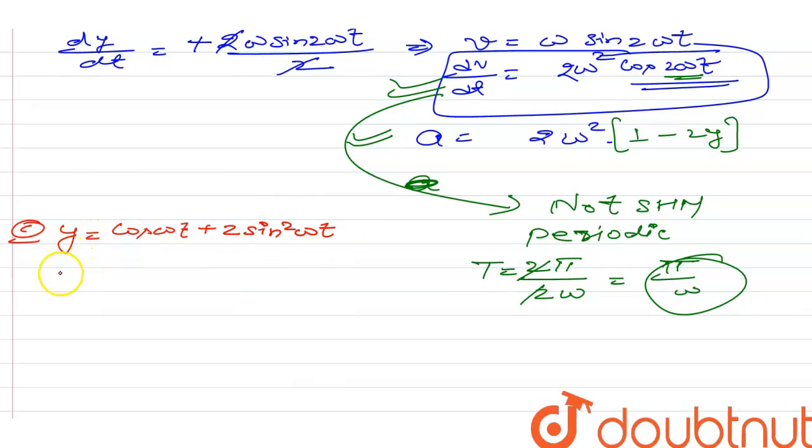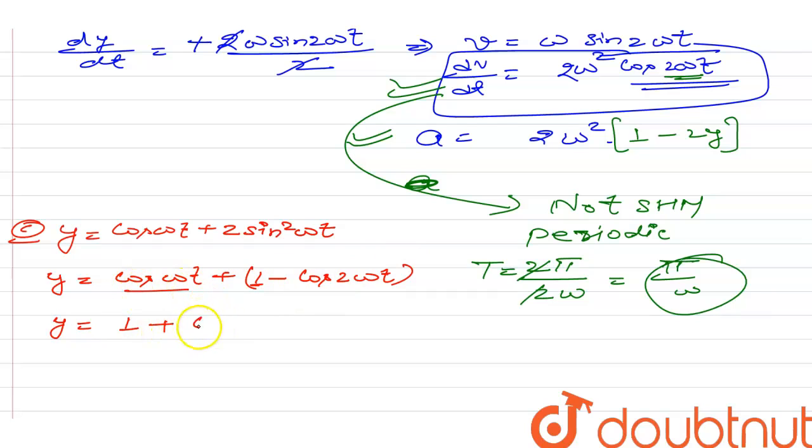If we solve this equation, 2 sin square omega t is written as 1 minus cos 2 omega t. Now 1 is constant, so it will be 1 plus cos omega t minus cos 2 omega t.